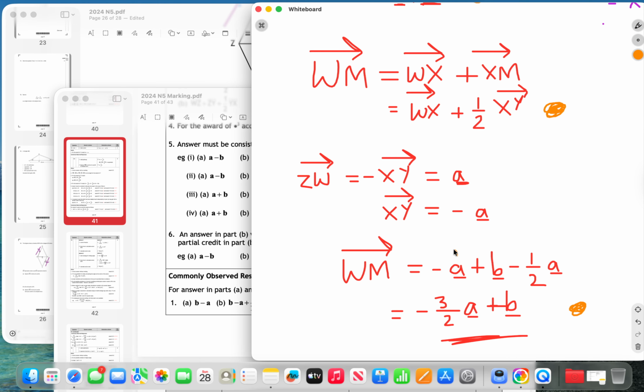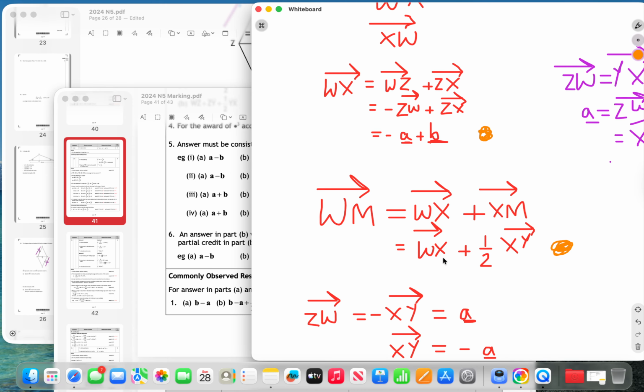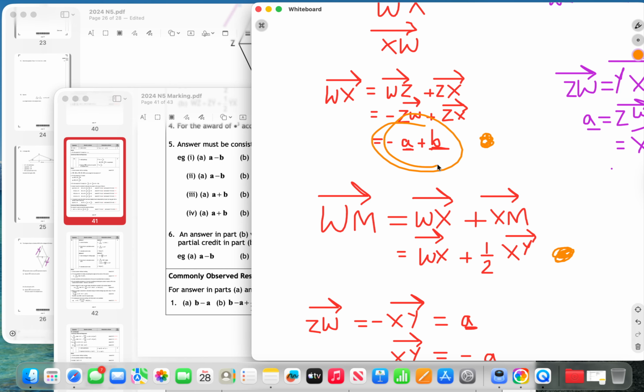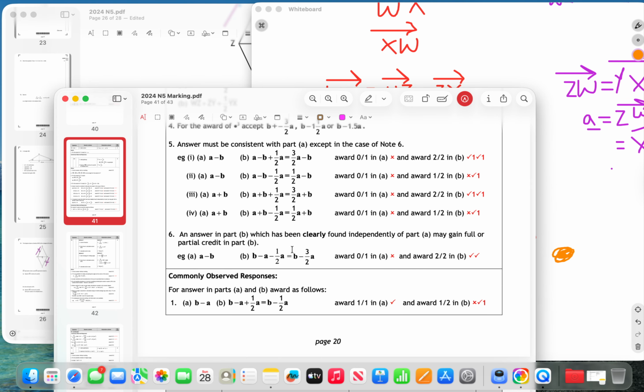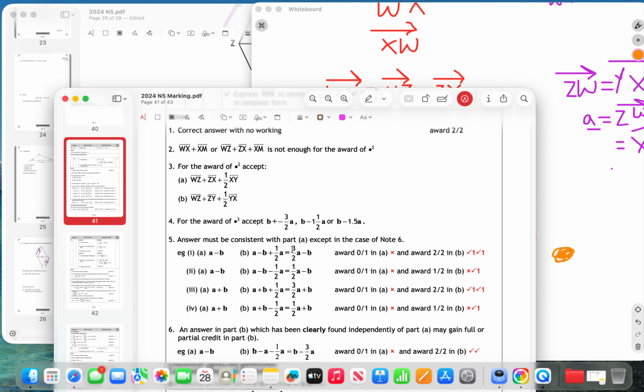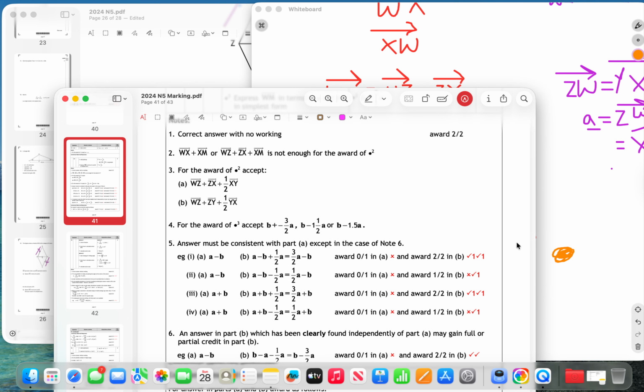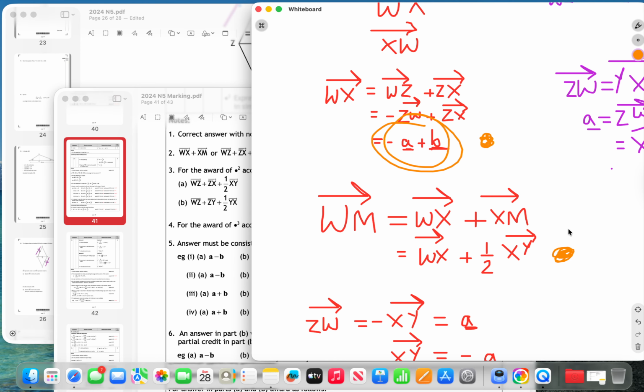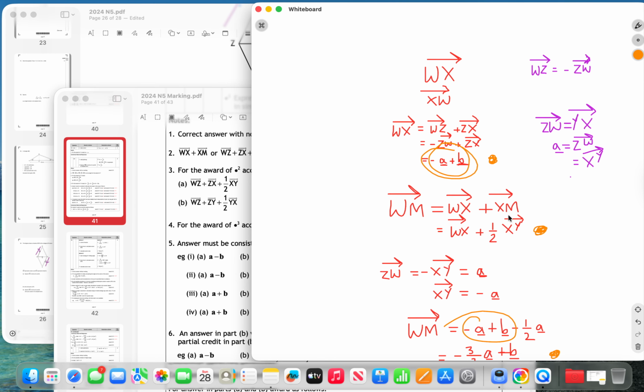And if you got the first part wrong, then as long as you plug in the answer that you gave in the first part, if you then plug it in at this point, so we plugged in minus A plus B that we obtained from this. If you plug it in, and as long as you don't make the rest of the question easier for yourself, then you should be able to gain follow through marks.